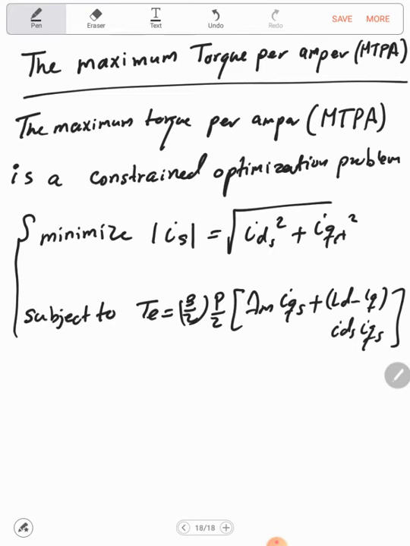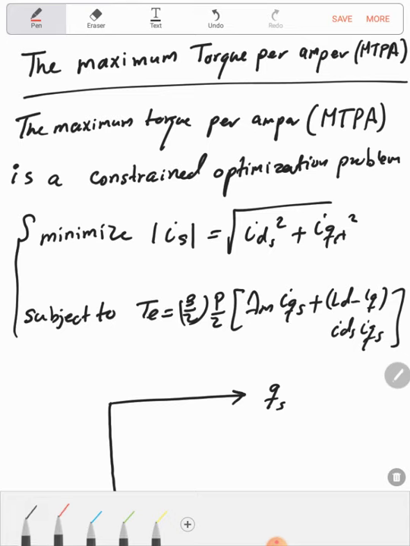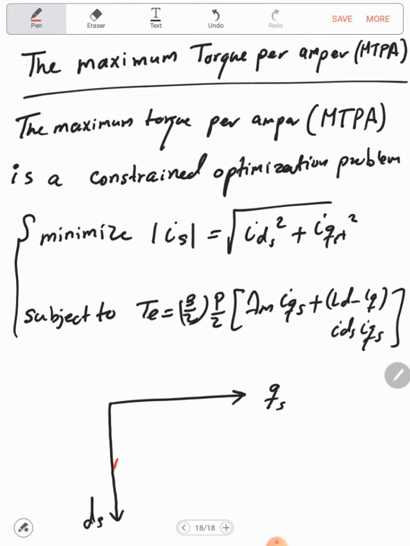So simply, if we assume that this is the QX and this is the DX. Now we know that the flux of the magnet is directed or pointed toward the D. So this is the lambda m, or virtually simply IF, the field, is pointing toward IDS.